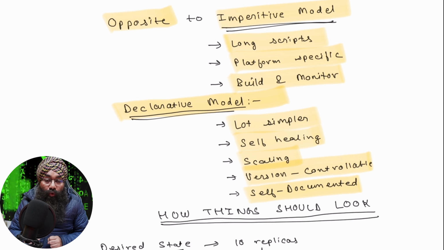So in your code only, in the manifest file, you have specified how your application should run in the production environment. So any new developer who joins the team, if he goes through the manifest file, apart from the code, he also understands what are the requirements for this application to run.